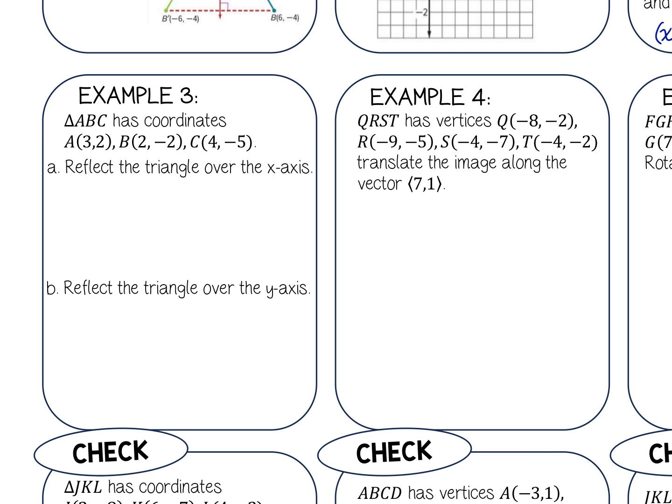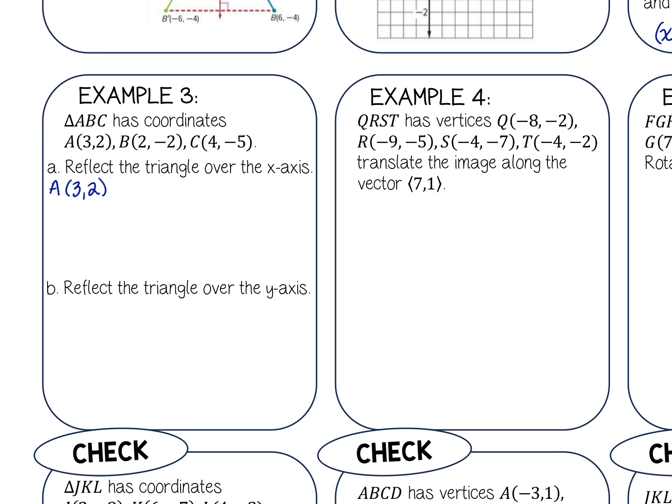All right, so example 3, it says triangle ABC has the following coordinates. It says reflect the triangle over the x-axis. So if A starts as (3, 2), and we're reflecting over the x-axis, we are multiplying the opposite coordinate by -1. So reflecting over the x, we're going to multiply the y coordinate by -1.